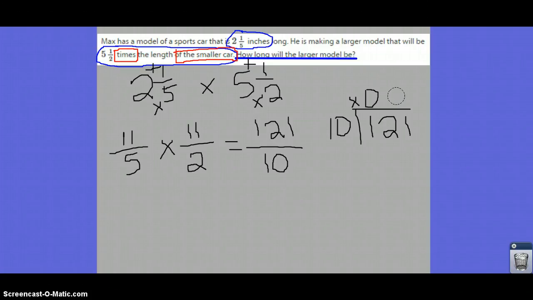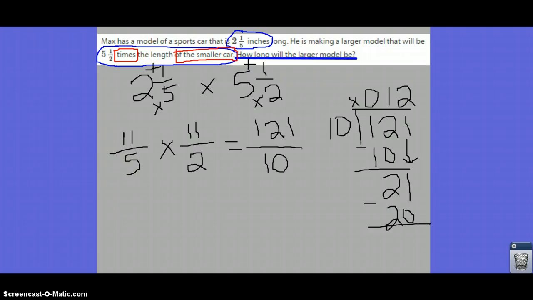All right. 10 will go into 12, I apologize, one time, with a remainder of 2. Bring down the 1. 10 will go into 21 twice. That will give us 20 with a remainder of 1. And our mixed number is going to be 12 and 1/10. 12 and 1/10.